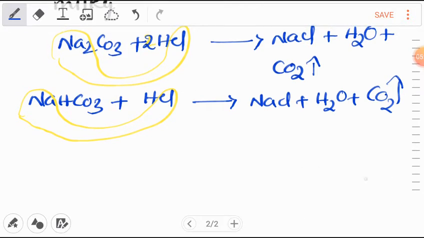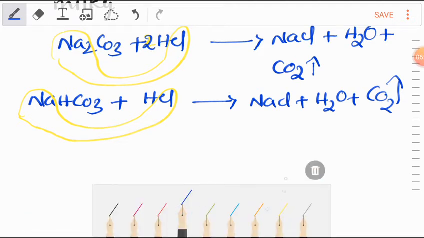So we can write it like this. How can we write?